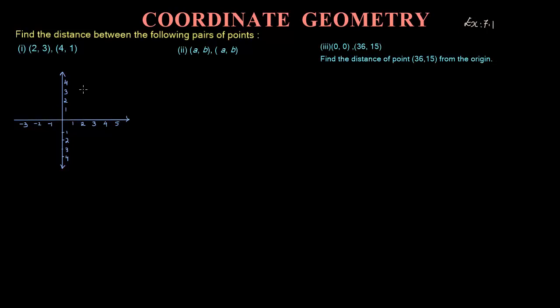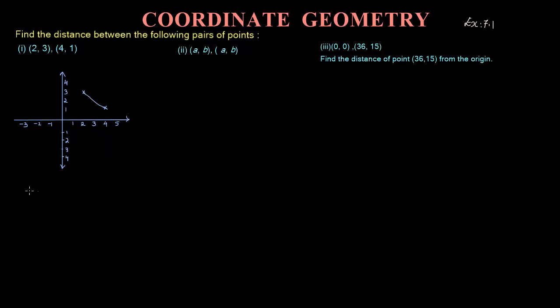With respect to the y-axis it is 3, so the point is here. Then the second point is 4 with respect to the x-axis, and 1 with respect to the y-axis. And you need to find the distance between these two points.